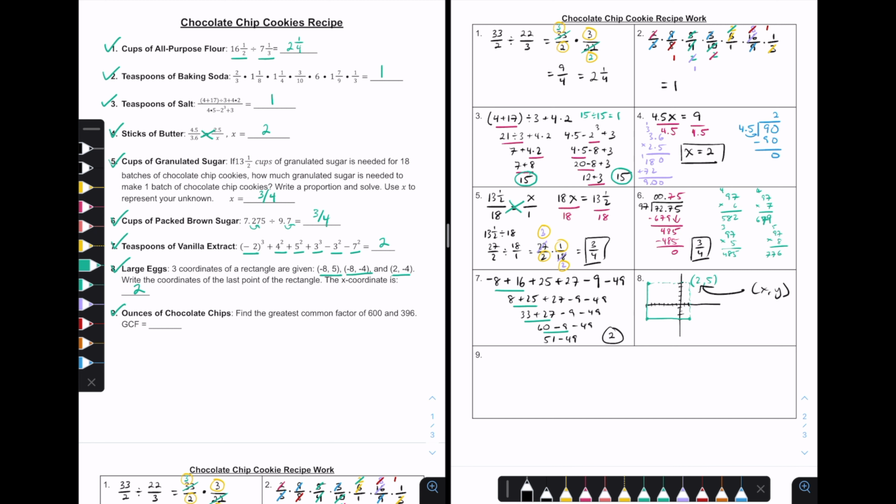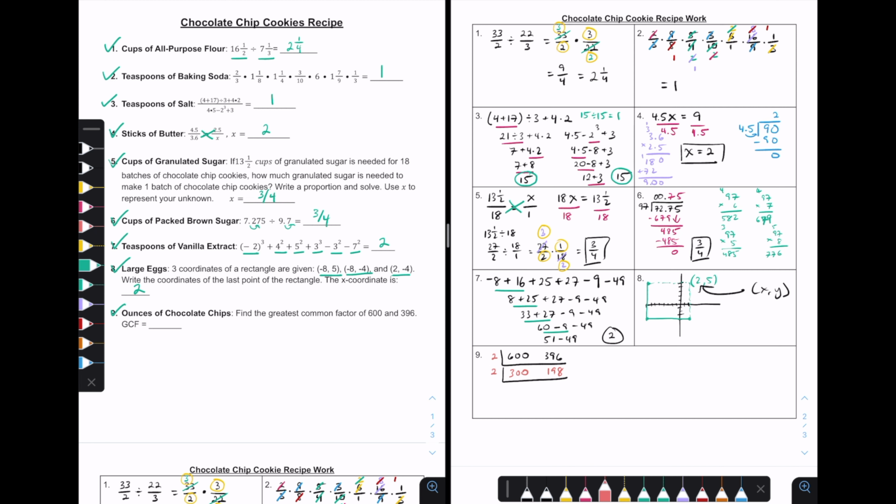All right, for number 9, the chocolate chips. Let's find the GCF here. I'm going to use the ladder method. You can use prime factorizations as well. Common factor here, I'm going to say 2 because they're even. That's going to be 300 and 400, 200, 198. What's half of these?